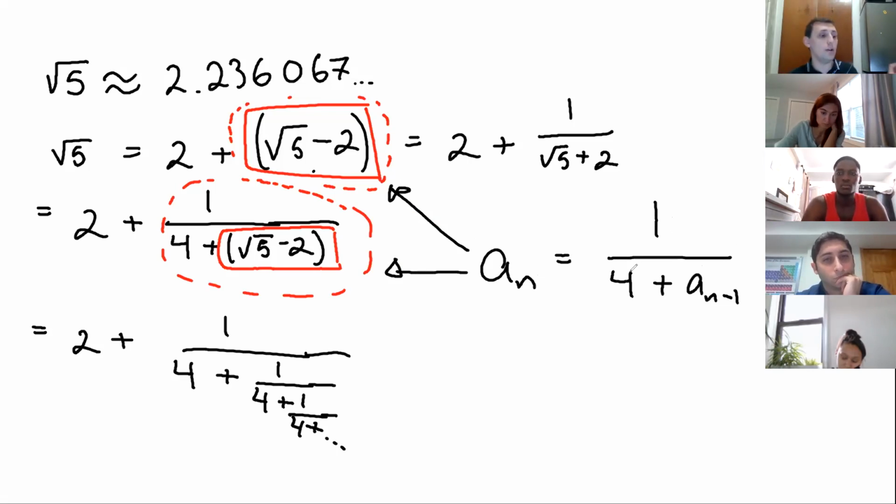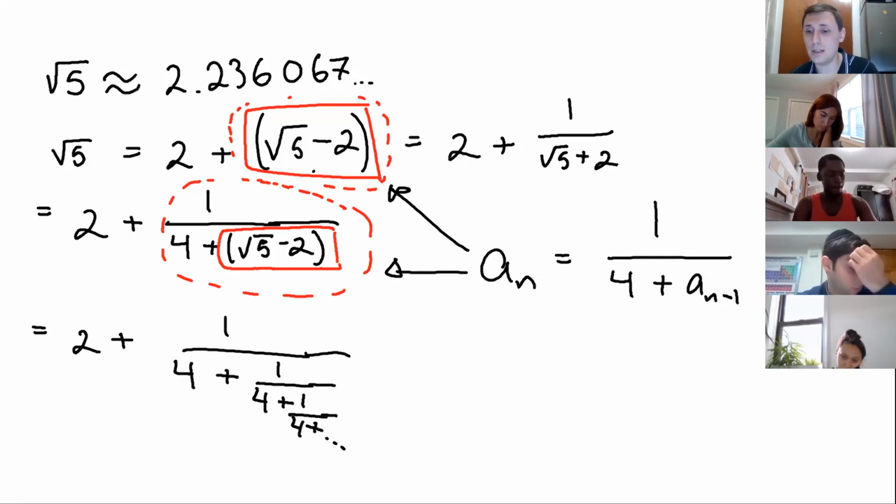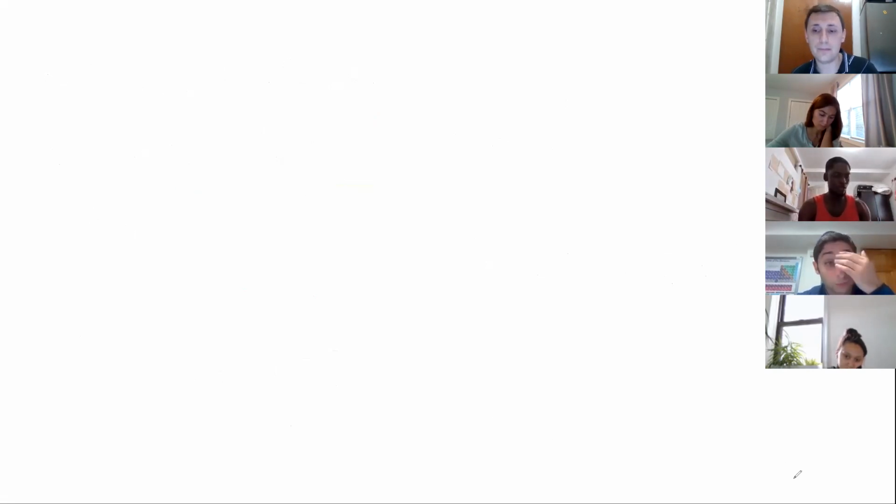All I have to do is begin with an initial value, and then take that initial value, add 4 to it, and take the reciprocal. That's what this means. You see, I can use that to generate root 5. How am I going to generate root 5? Well, so I have first procedure. I can take any number to begin with.